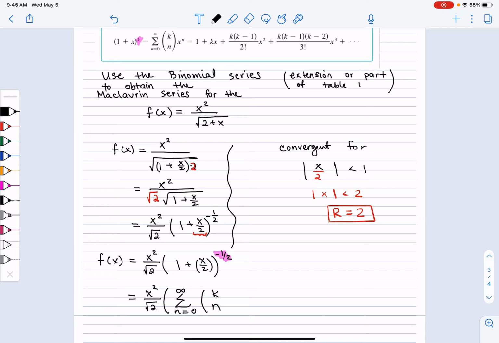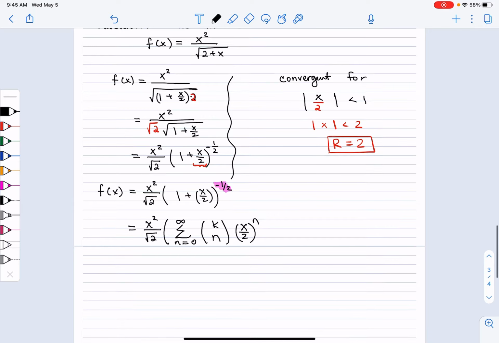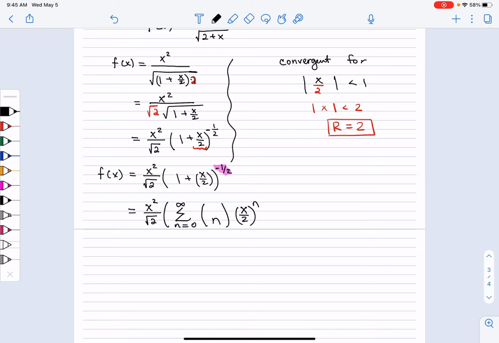But what is it that we have in terms of x? We have x over 2 to the nth power, right? Because your x is here. And then one more time, what is k for our problem? K for our problem is equal to negative 1/2.